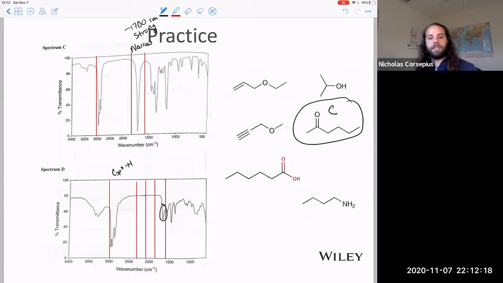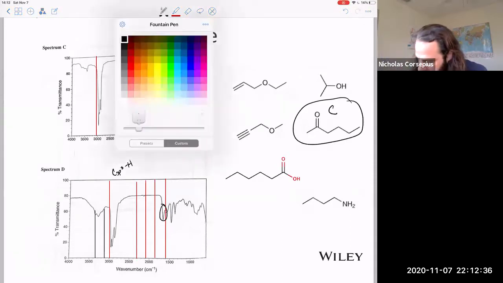So then I'm going to jump to the other defining feature here, which is these two peaks, right? If I can just go ahead and mark where these are, call that like 3100 to 3350.